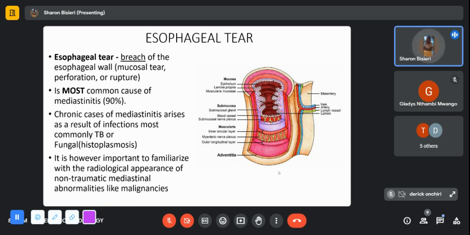When it comes to chronic causes of mediastinitis, we should start thinking along the lines of chronic infections like TB or fungal infections like histoplasmosis. So it's also good to familiarize ourselves with radiological signs of these acute traumatic causes of esophageal tears and chronic causes of mediastinitis.